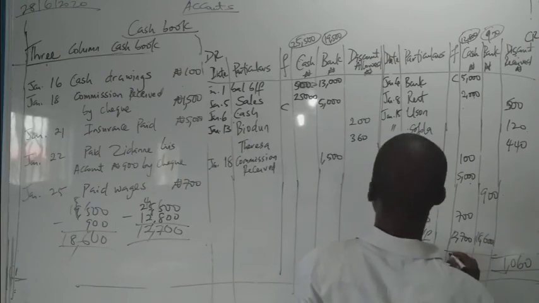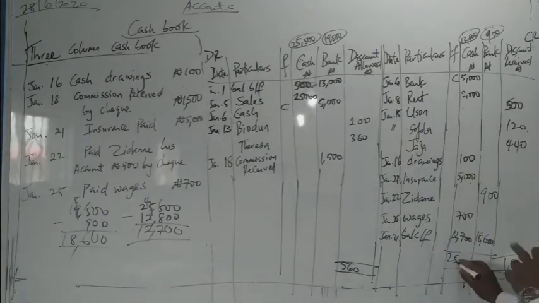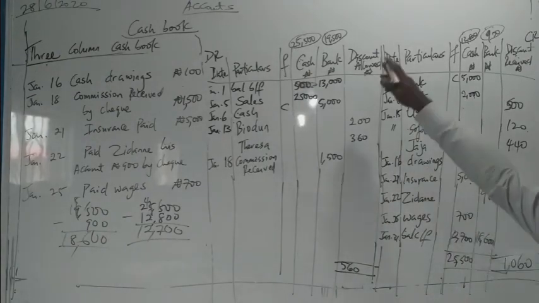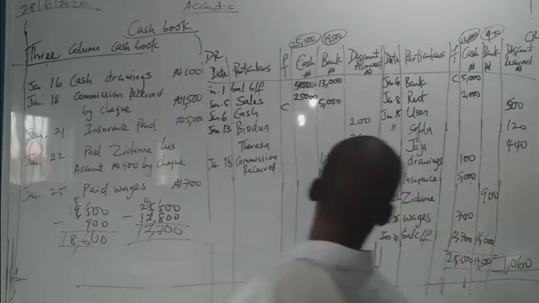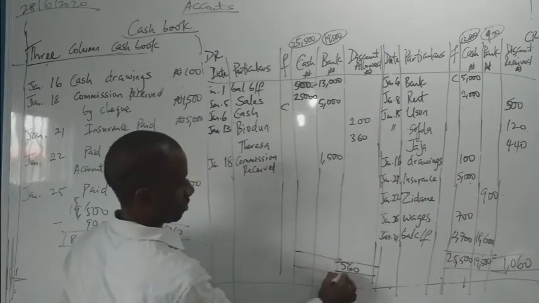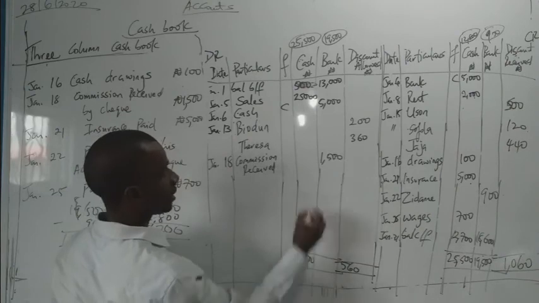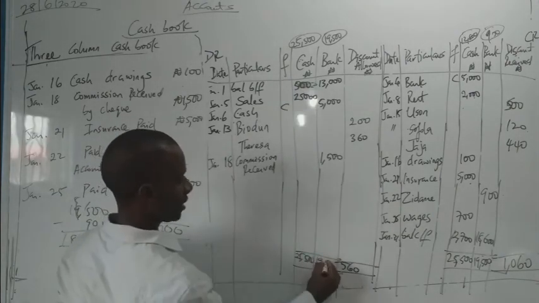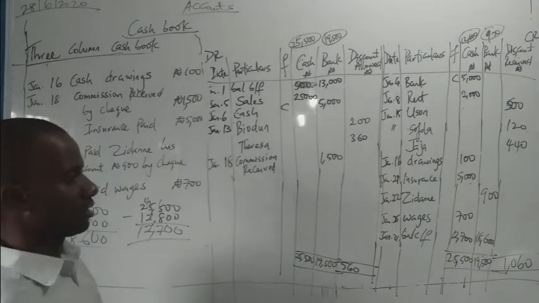Can I put it here? Total 25,500, and the other one 19,500. We can now come to this place. Bring down this total 25,500. Then bring down this total 19,500. Now this is the closing balance.